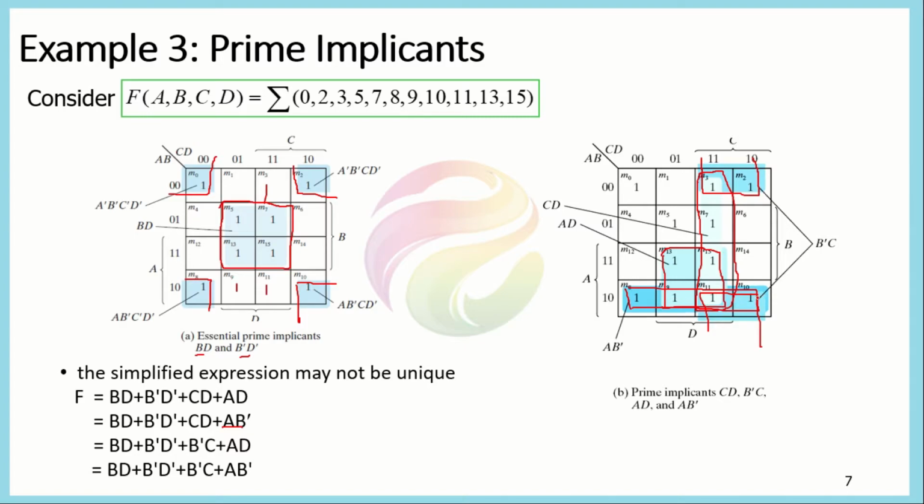But because we have already included this one here, we will be more interested in having this one along with this one, or we can combine this one, because these are already represented by the essential prime implicant. So the remaining thing here is only this term. If we combine all the terms here, it will give us this CD here.